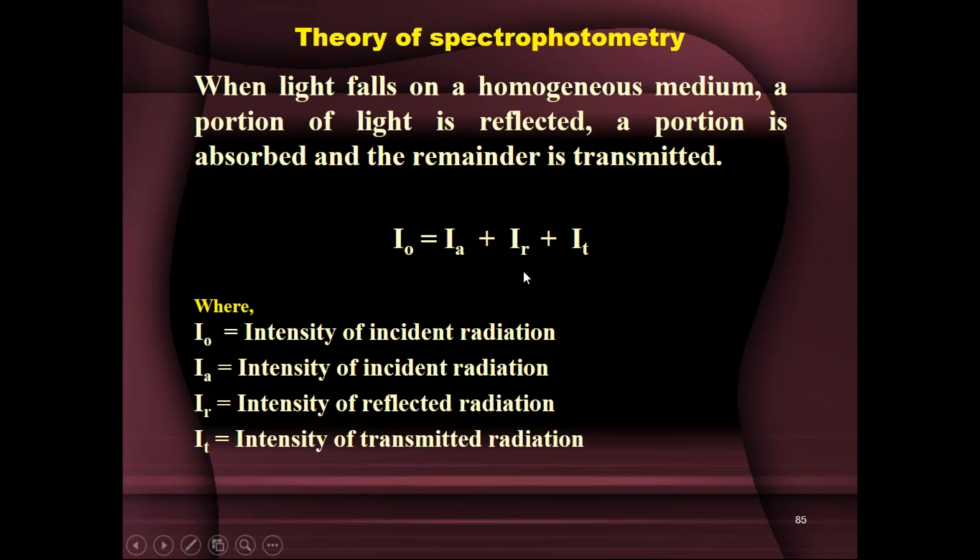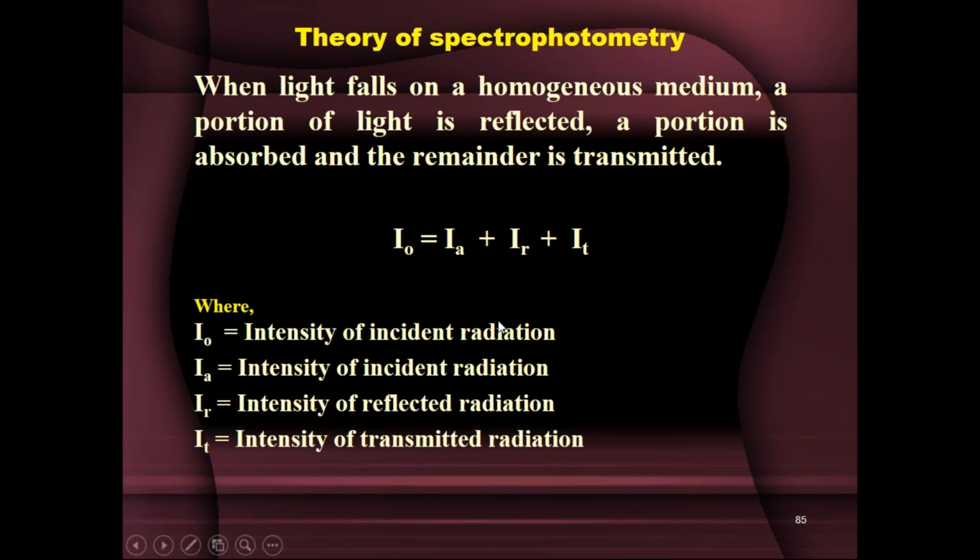IR is reflected radiation, and this we can keep to a minimum by ensuring that reflections do not take place. That means the cuvette or the cell in which you take the sample must be completely transparent. You should not have anything which will cause reflections, like any dust particles, cracks, scratches, or fingerprints on the cell.